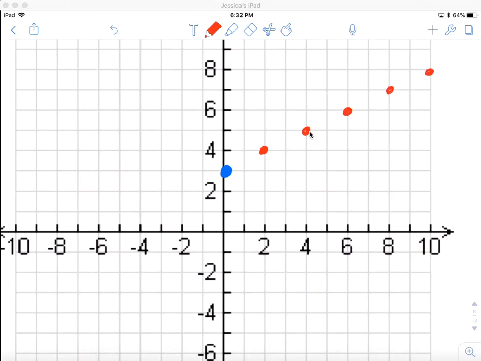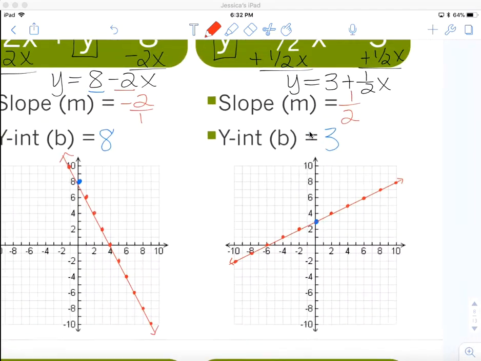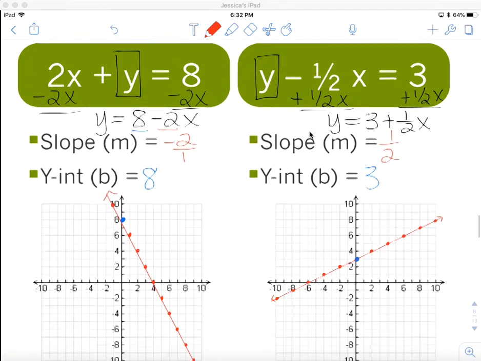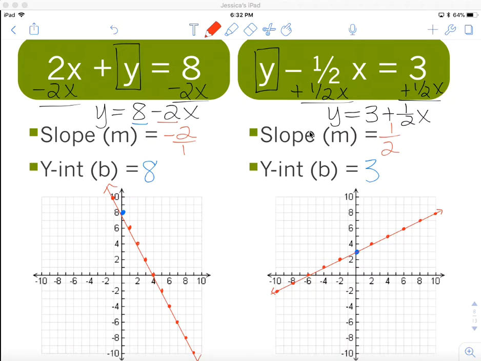If I go down 1, then I go left 2 to keep my slope positive. So if you're given an equation that doesn't have y by itself, you can get y by itself and then graph it that way.